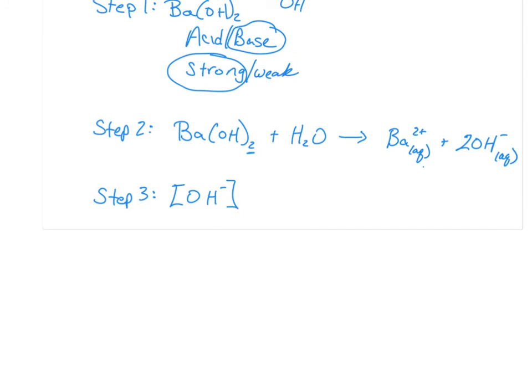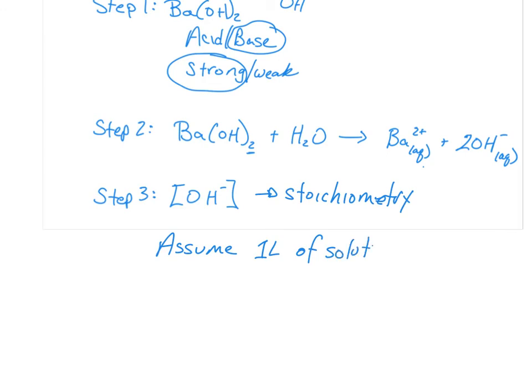And since we are working with a strong base, to do this, we are going to use stoichiometry. Now, to use stoichiometry, we have to have moles and not molarity. And so what we are going to do is we're going to assume 1 liter of solution.